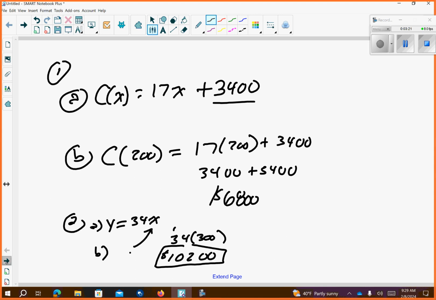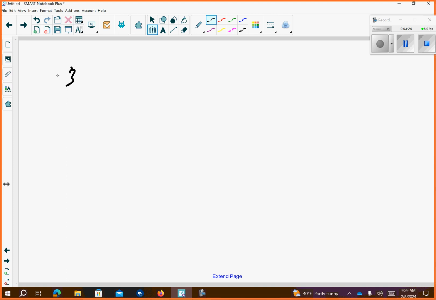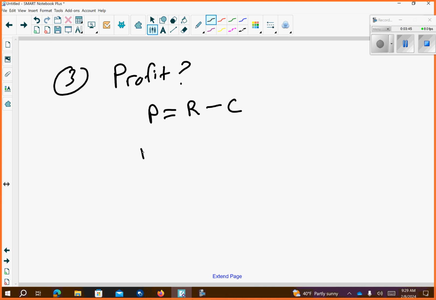Okay. So the first thing is I want to talk about how I would figure out the profit. Our profit would be whatever our revenue would be minus our cost. So if I wanted to make a profit equation, it would be 80x minus, and then put the cost in parentheses, and that's where a lot of people might make a mistake.